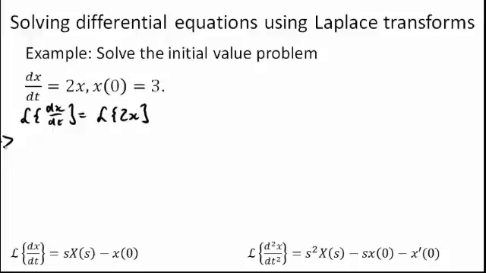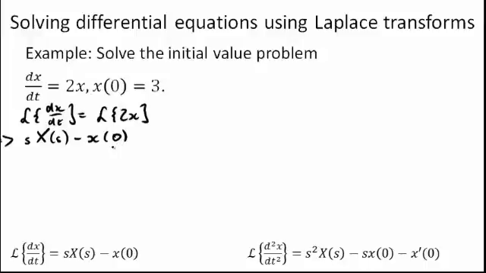Let's start with the Laplace transform of dx/dt, and I've listed the formula for the Laplace transform of the derivative of a function down here again. So this is simply going to be s times the Laplace transform of little x, that was capital X of s, minus little x of 0.